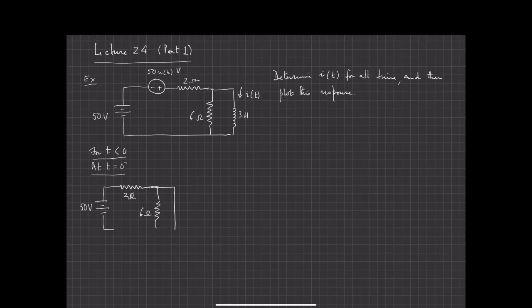All right, so that inductor is a short, and this current here is then I at 0 minus. So if I wanted to determine what I of 0 minus is, well, that's very simple. Then I at 0 minus is simply equal to 50 over 2, which is equal to 25 amps.